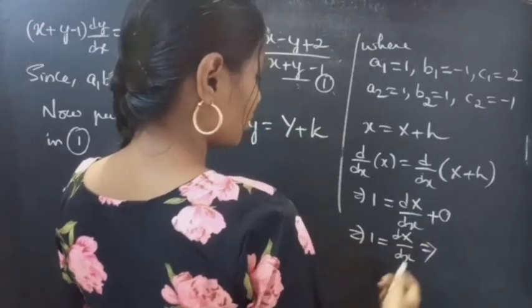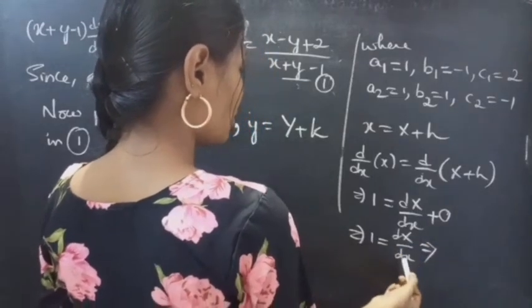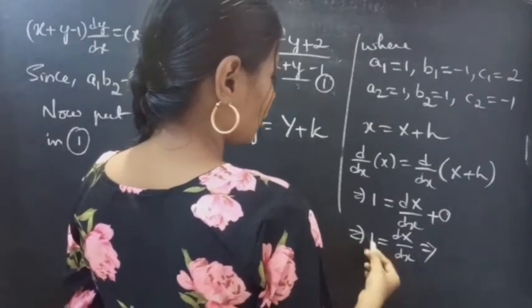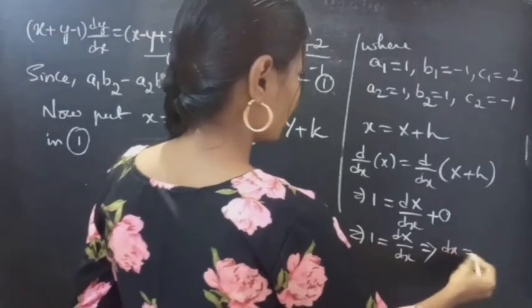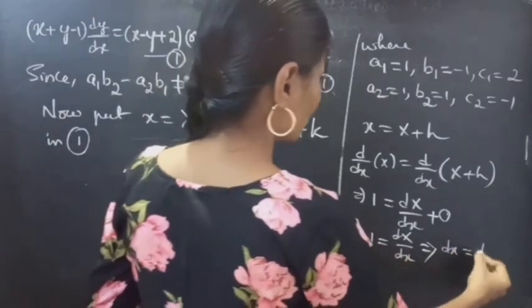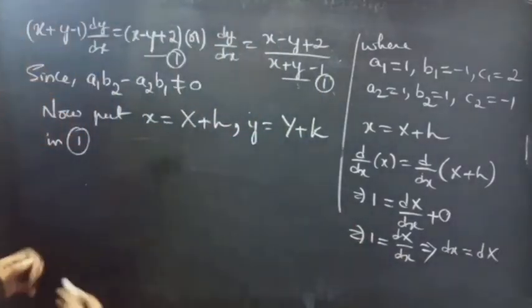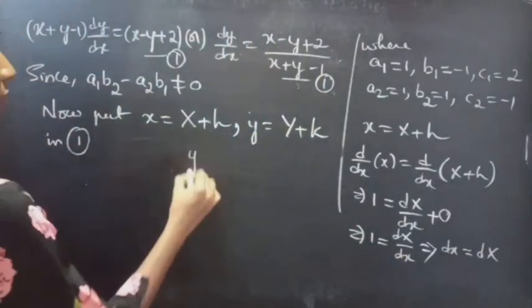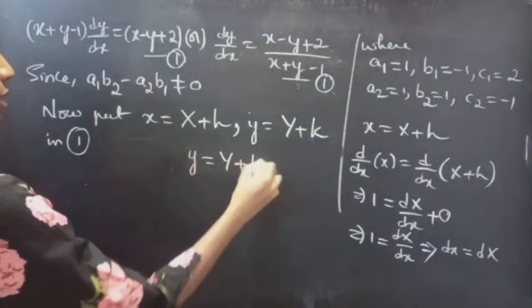Then that is differential of capital X by differential of small x. Then you can write it as 1 into dx is dx equals to capital dx, right? Also, you're having y, small y equals to capital Y plus k.